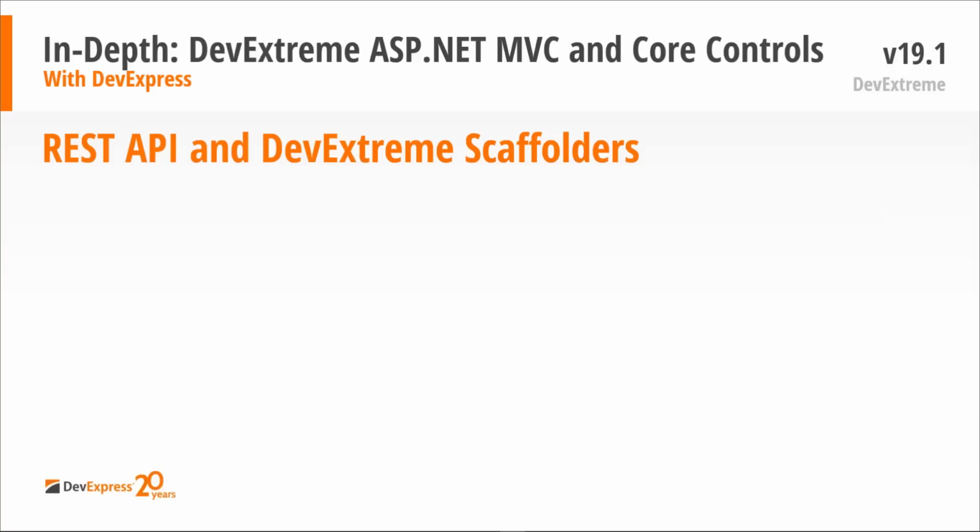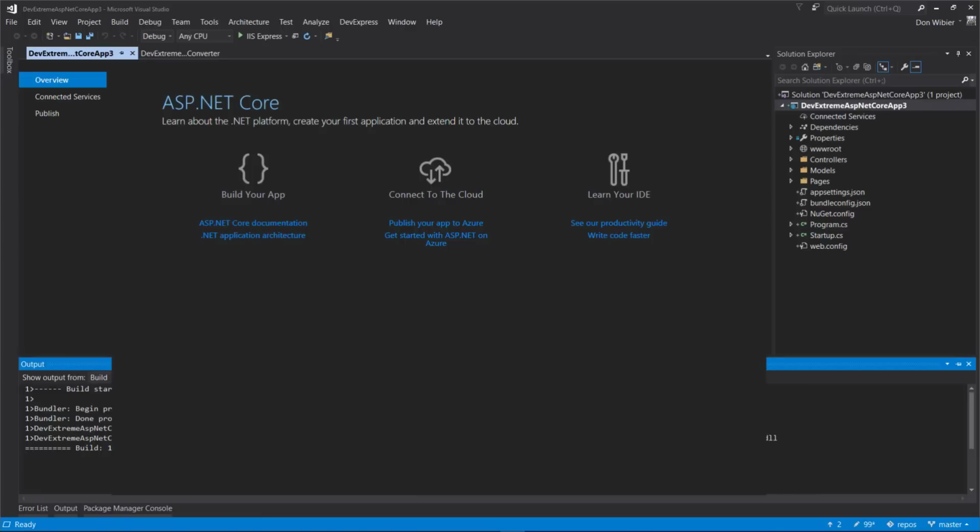So let's get back to the application that I just created. Let's just use that material design website. Let me add a couple of things here. So I need a database, and I will be using Entity Framework as data access layer.